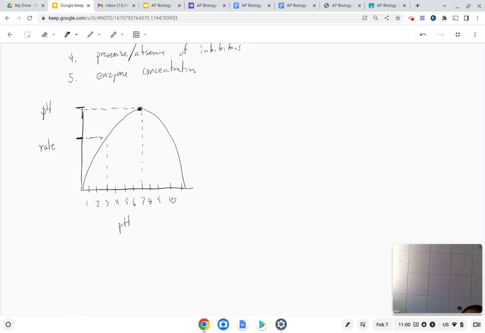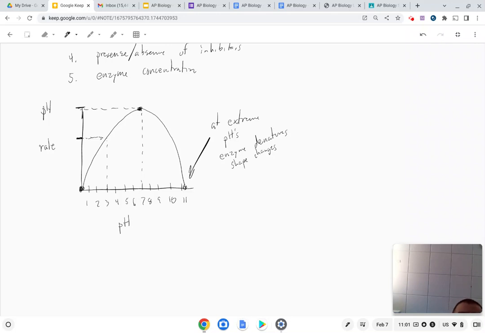And at the extremes, the reaction might actually be as low as 0, because at those extreme pHs, the enzyme denatures, and so the shape changes. The shape might change so dramatically that there can no longer be a fit with the substrate. So there will just be no reaction.